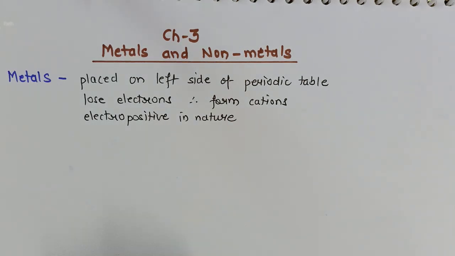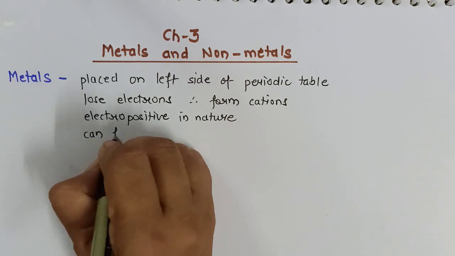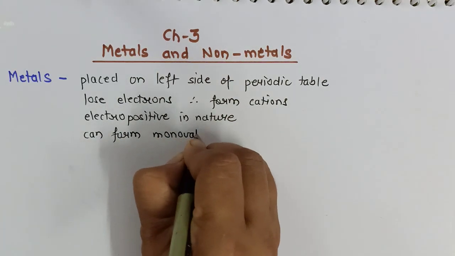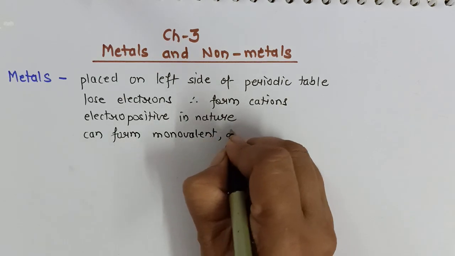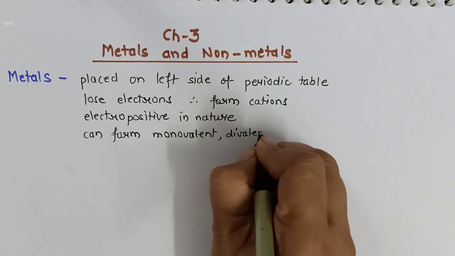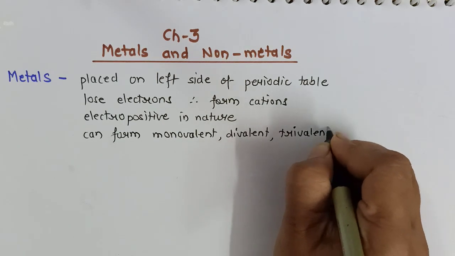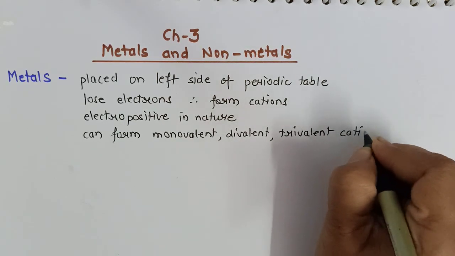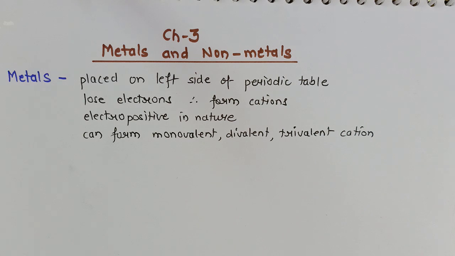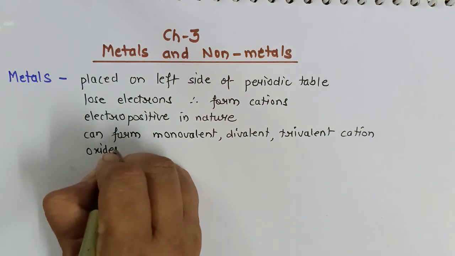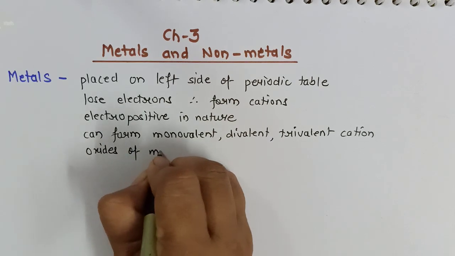Also, metals can form monovalent, divalent or trivalent cations. Metals form oxides and these oxides are basic in nature.